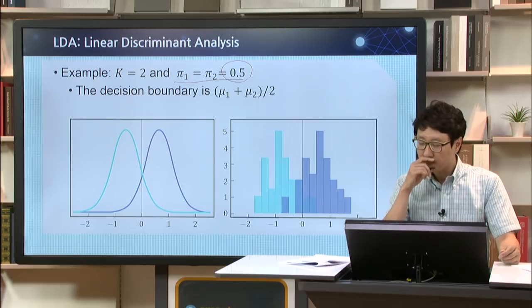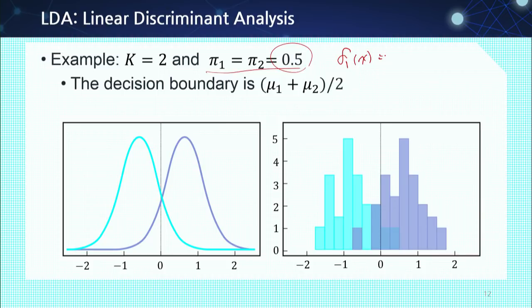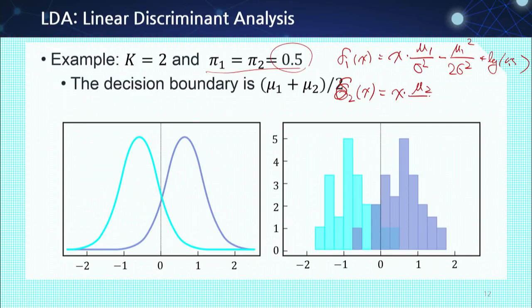Delta 1 of x is x times mu_1 over sigma squared minus mu_1 squared over 2 sigma squared plus log 0.5, and the discriminant function of the second class is x times mu_2 over sigma squared minus mu_2 squared over 2 sigma squared plus log 0.5.